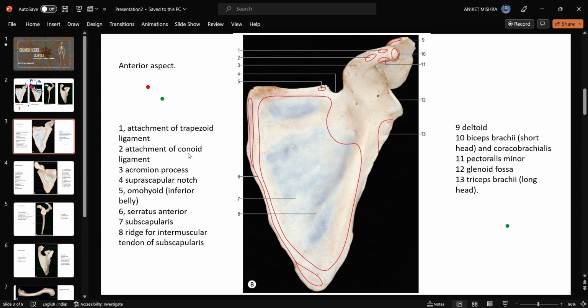So when we are going to see the muscle, that is the subscapularis. This one is the area which is known as the subscapular fossa. The subscapularis muscle is going to originate from this place. This is the subscapular fossa where the subscapularis muscle will originate.